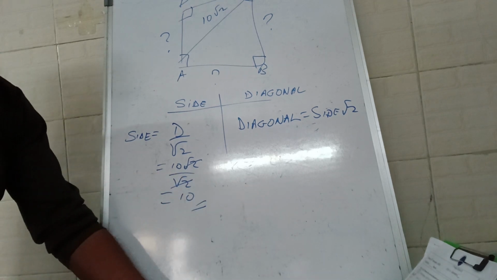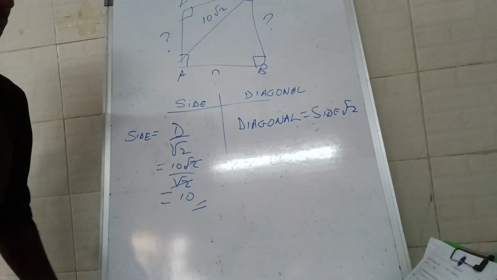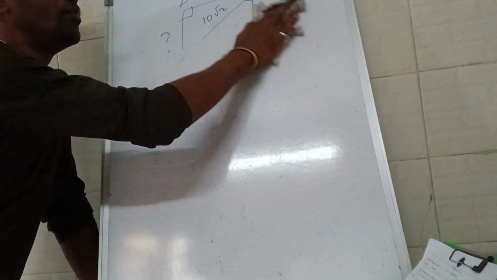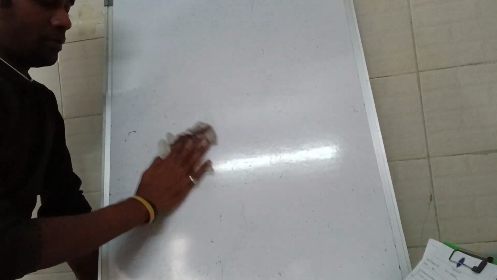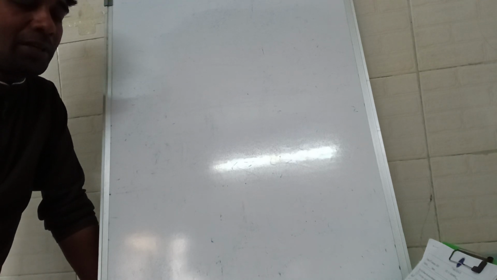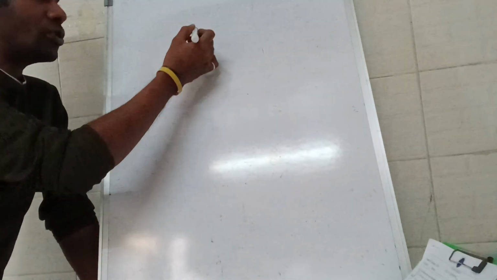Third question: if the arc of a circle is neither a major arc nor a minor arc, then the measure of the arc is how much?